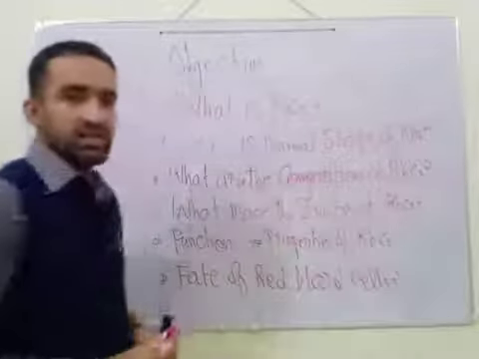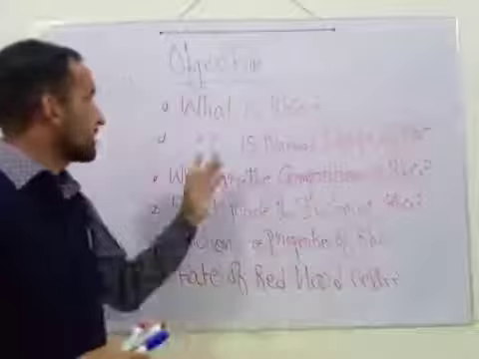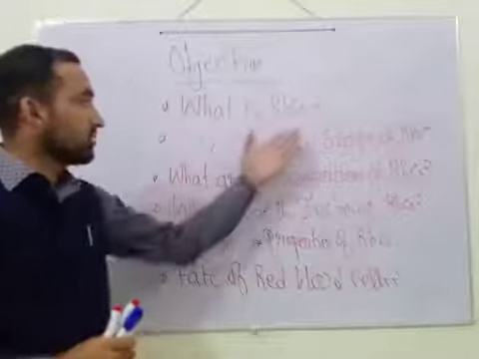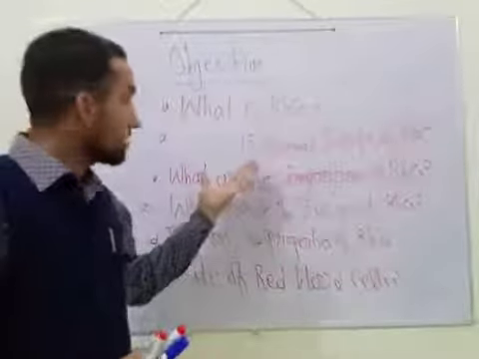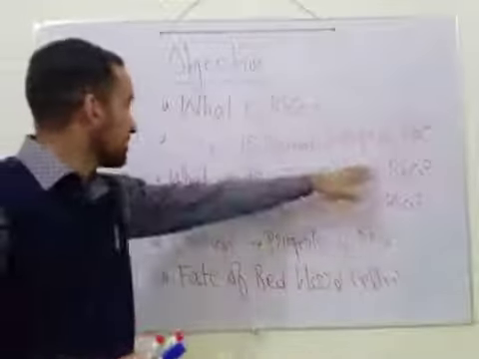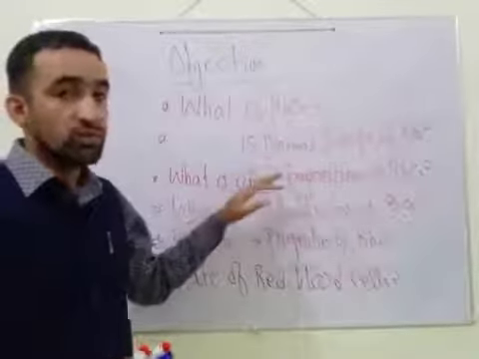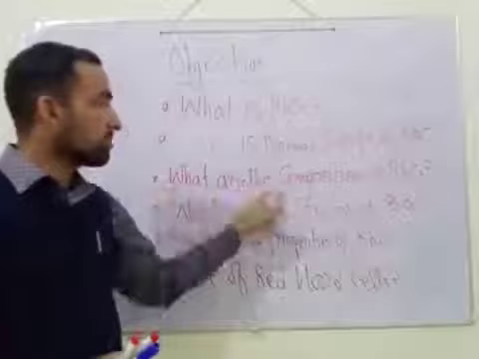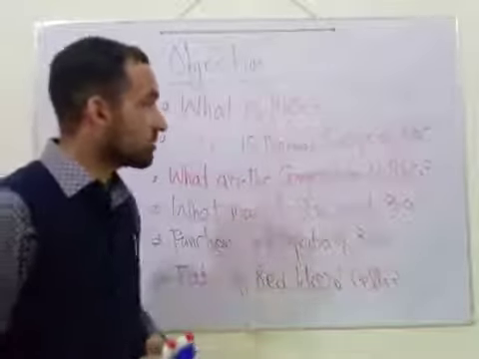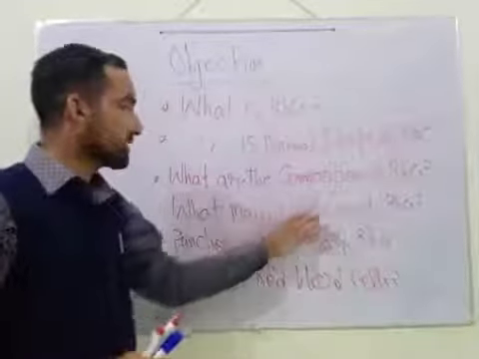So dear listener, these are our objectives which will be covered in today's session: define the red blood cell, what is the normal shape of red blood cell, what is the normal value of red blood cells in the human body, what is the composition of red blood cell, and what makes up the structure of red blood cell.